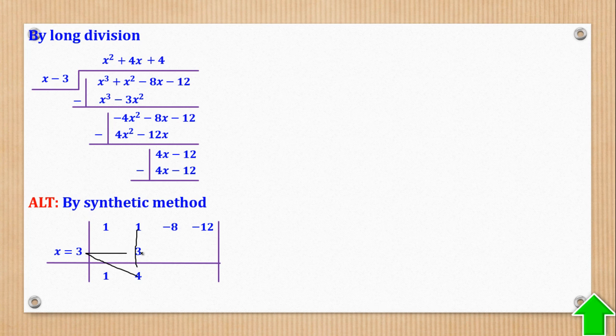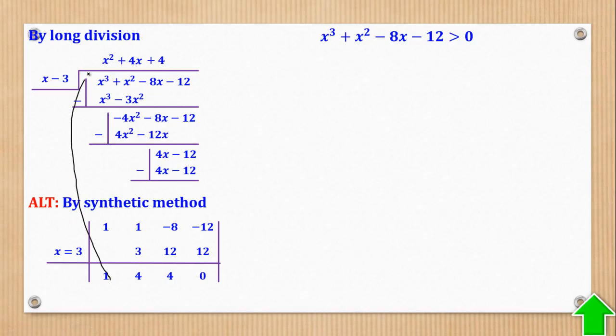This times this to get what we put here. Repeat the procedure, add these two to get what we put here. This times this, you get what we put here. Then add the two, you get 0, meaning that there is no remainder. So both of the two are okay. I think you realize that even here, this is the coefficient of this, coefficient of this, coefficient of that.